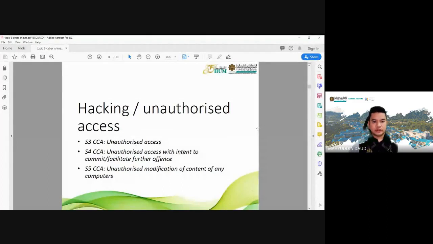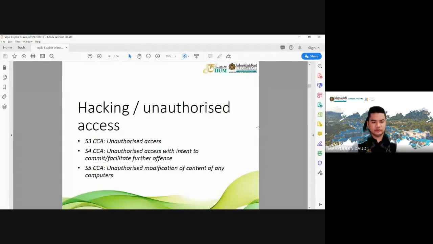Right. So on unauthorized access, we will basically be looking at the Computer Crimes Act, CCA, in particular Sections 3, 4, and 5. Section 3 basically talks about unauthorized access to a computer system or computer network.